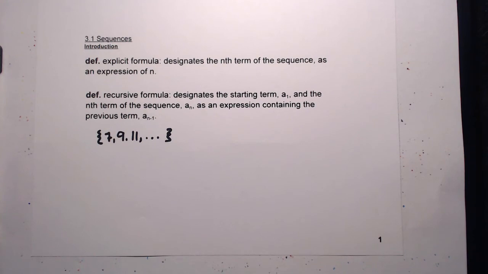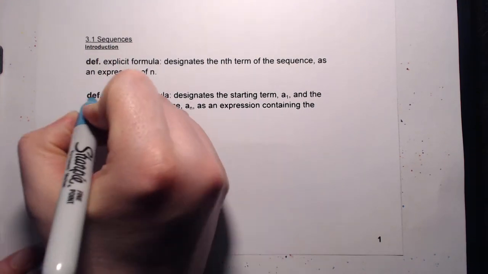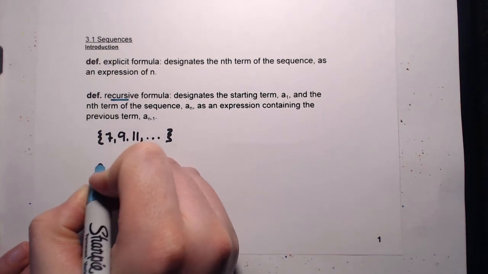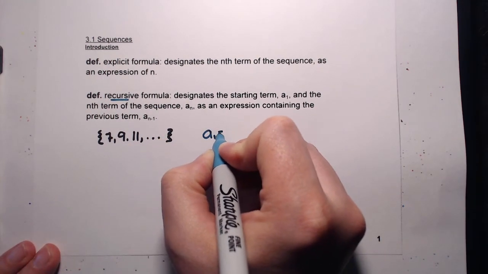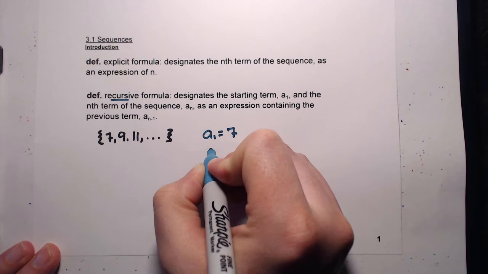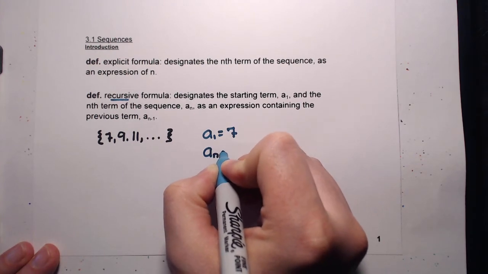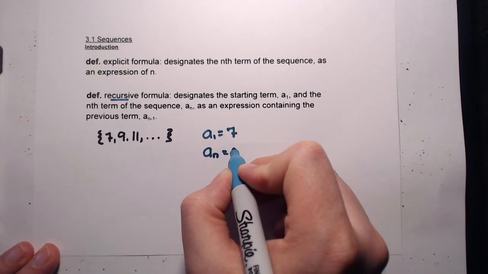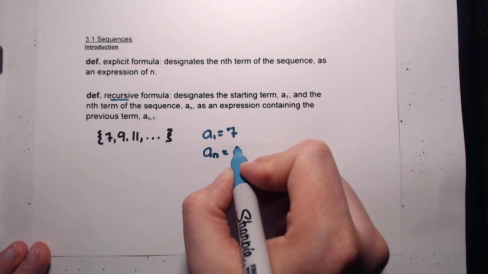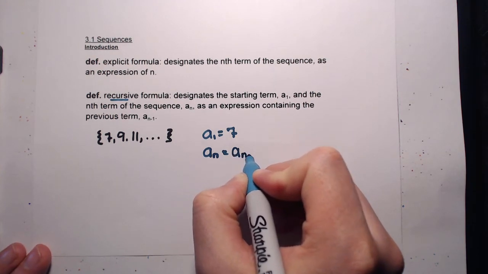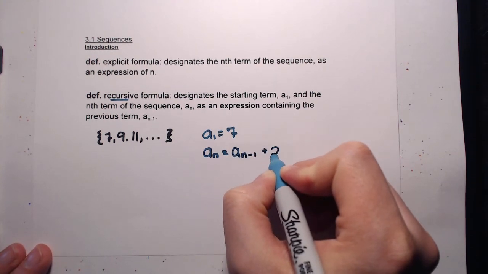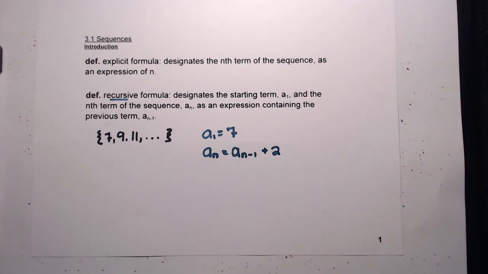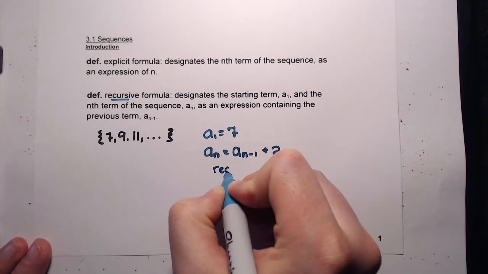So the recursive formula for this would be, hey, this is your first term. The term you want, just take your previous term and add 2 to it. So that would be your recursive.